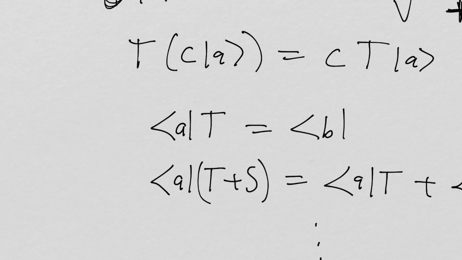So all operators acting on bras act from the right to the left. And whenever they're acting on kets, they always act from the left to the right. So keep that in mind. That's a really important notation.